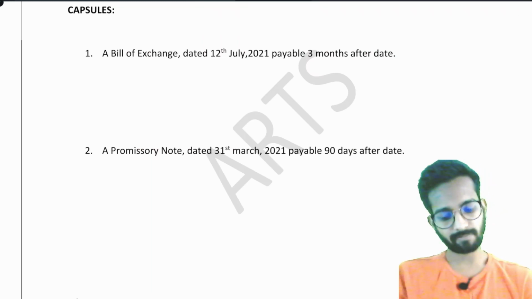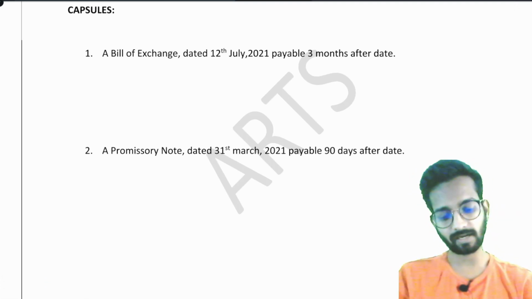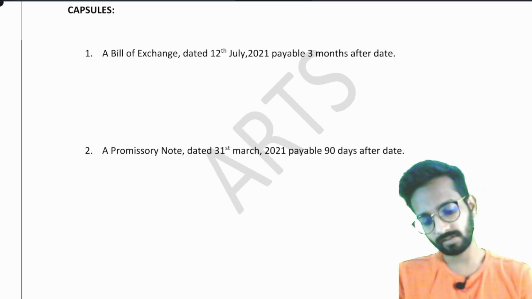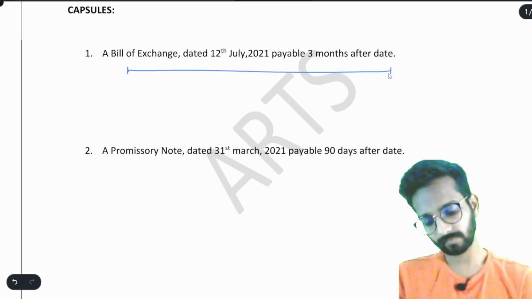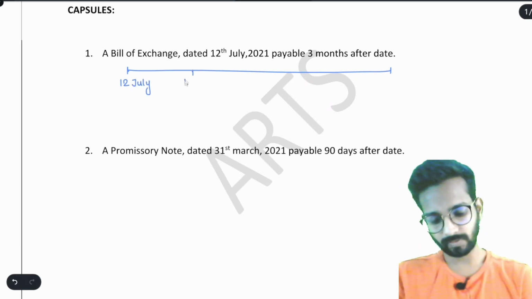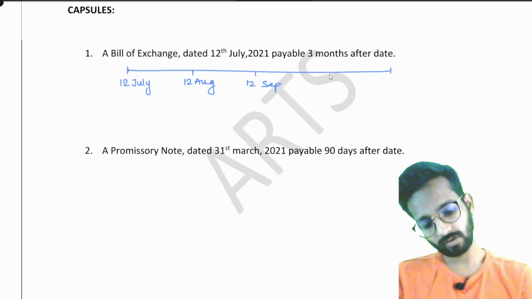See, in the capsule 1, a bill of exchange dated 12th July 2021 is payable 3 months after date. So from 12th July you are supposed to calculate 3 months. 12th July, 1 month will be 12th August, then 12th September, and then again 1 month will become 12th October.